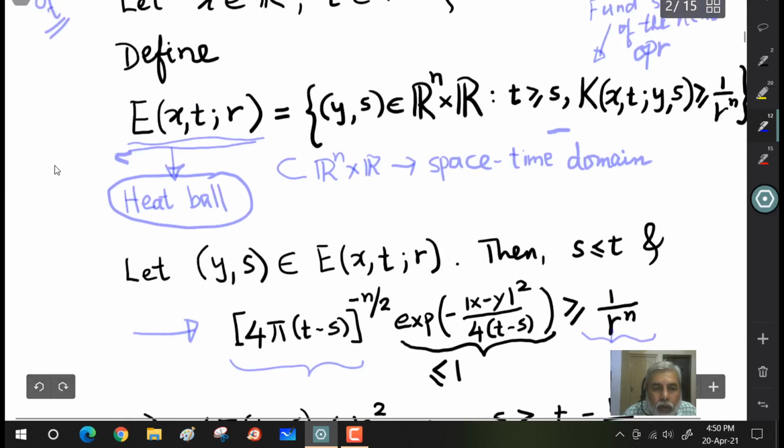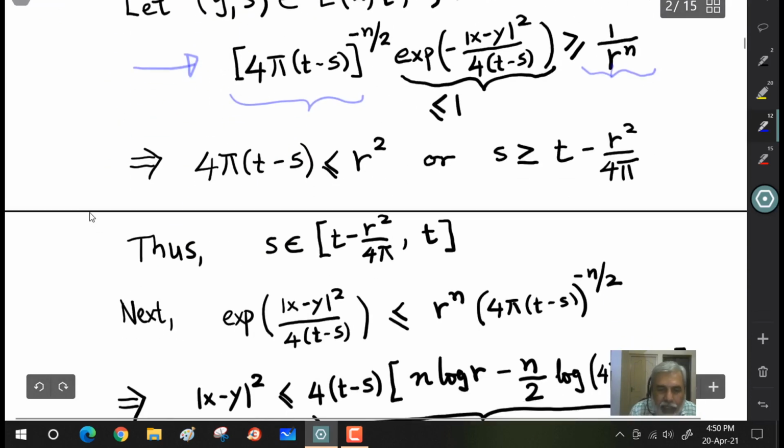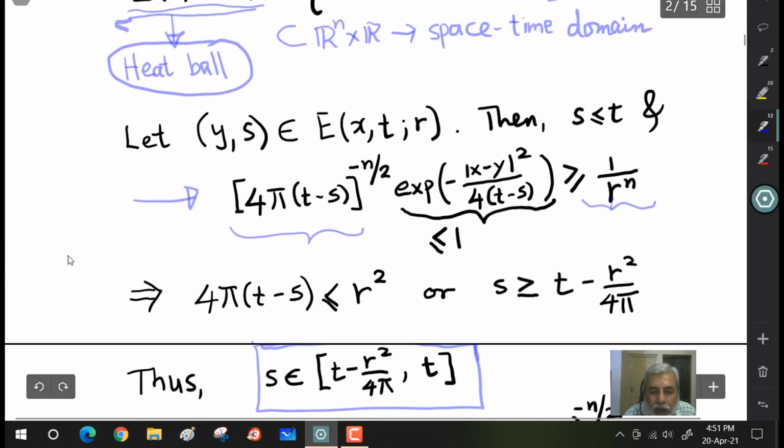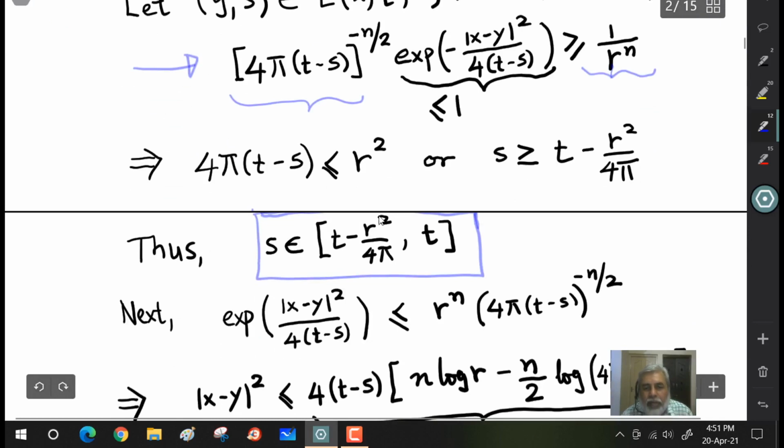Okay, so the s variable for any point in this heat ball is in a bounded interval. That's the first observation. Just from the definition, it's not even clear whether the heat ball is bounded or not. So at least the s variable is easily seen to be bounded and it lies in this interval.